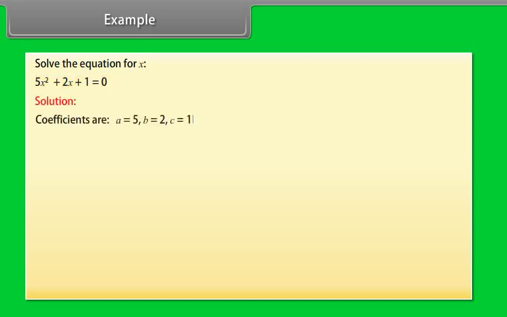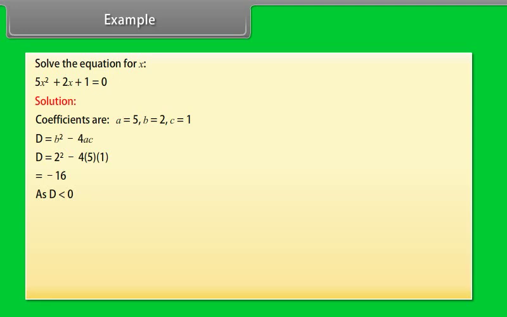Example. Solve the equation for x. 5x square plus 2x plus 1 is equal to 0. Solution. Coefficients are a is equal to 5, b is equal to 2, c is equal to 1. D is equal to b square minus 4ac. D is equal to 2 square minus 4 into 5 into 1 is equal to minus 16.